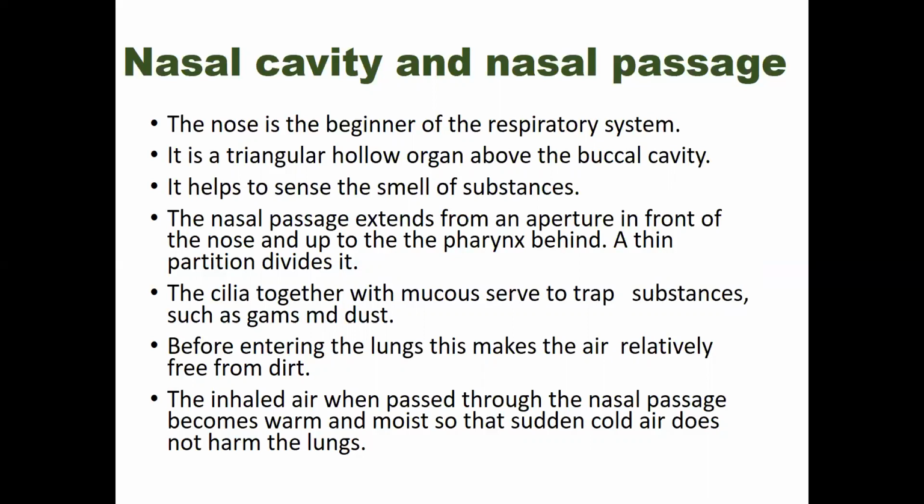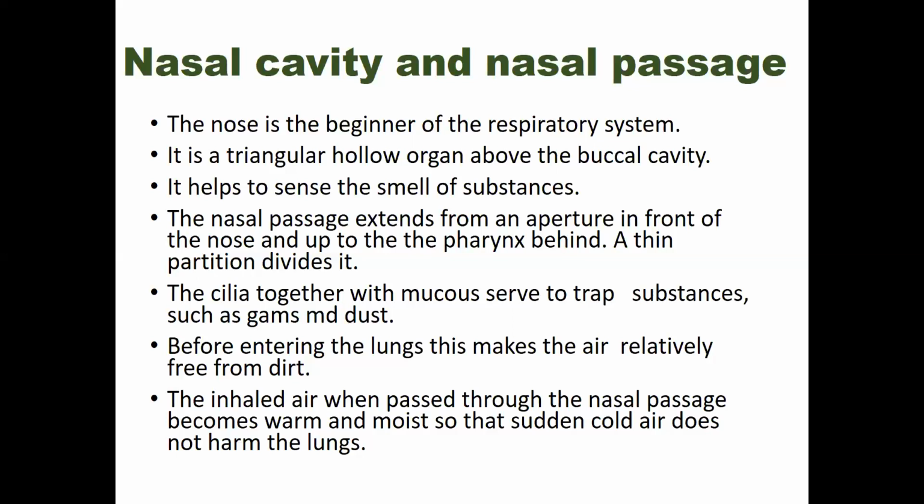And the nasal passage extends from an aperture in front of the nose up to the pharynx behind. A thin partition divides this nasal passage into two, and its front side is covered with cilia, and the rest is lined by a mucus-producing membrane.